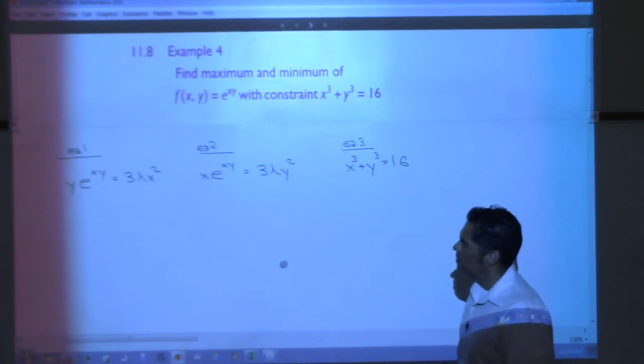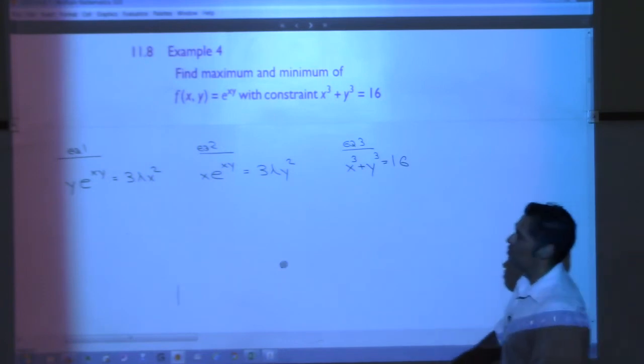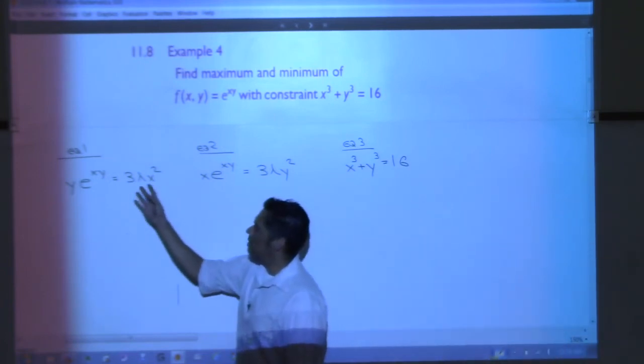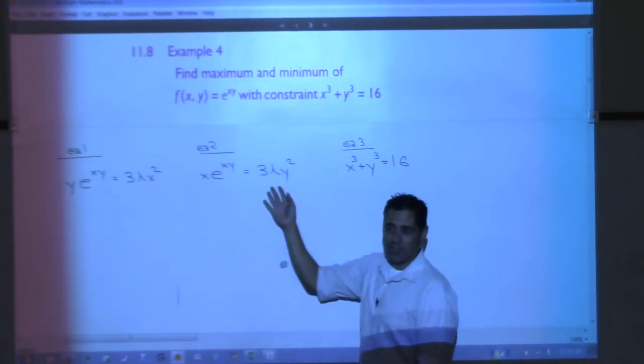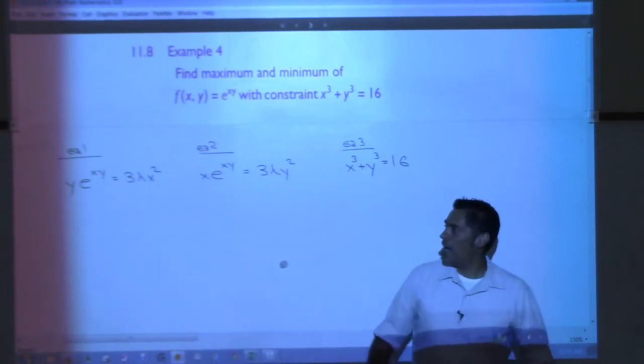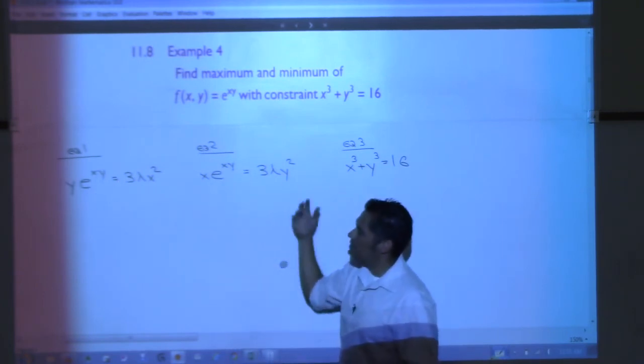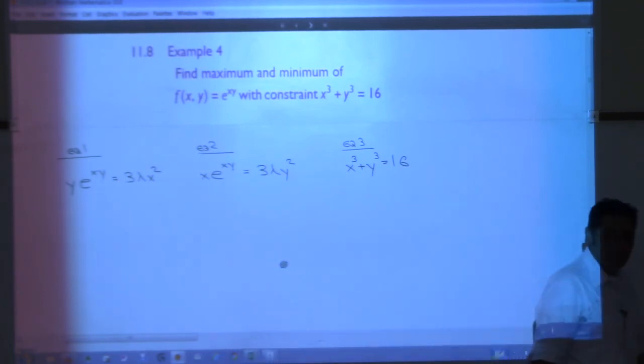Use logarithms. Or you could solve for lambda, solve each for lambda and then set them equal. So there's a lot of things here, right? I could solve this for lambda, and this one for lambda, and set them equal to each other. Or I could solve this for e to the xy, solve this for e to the xy, and set them equal to each other.